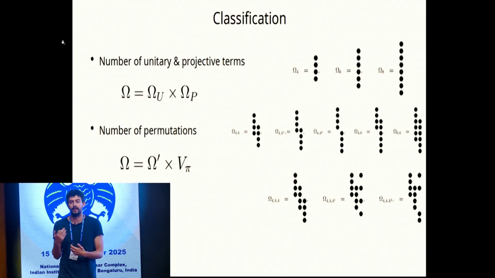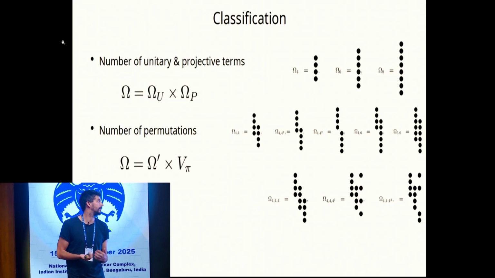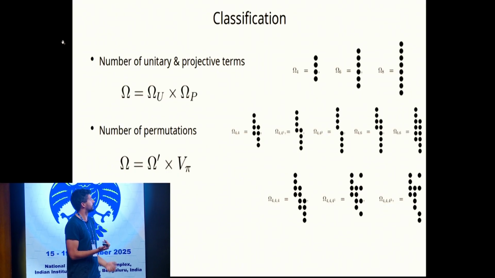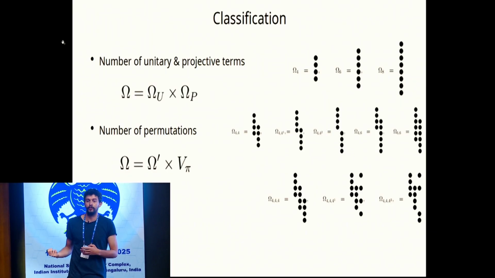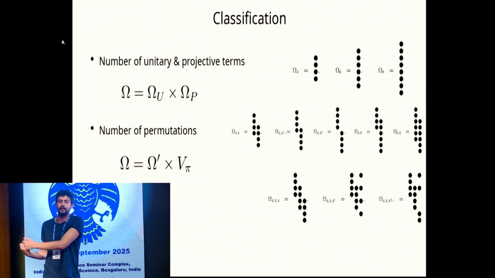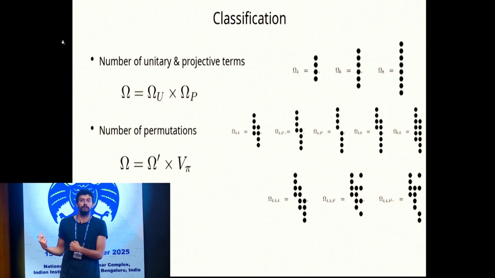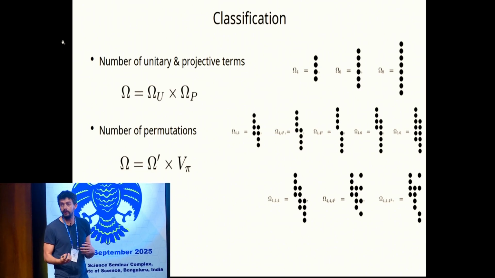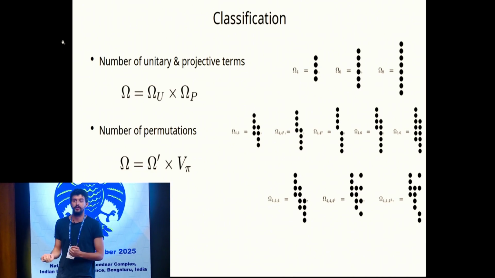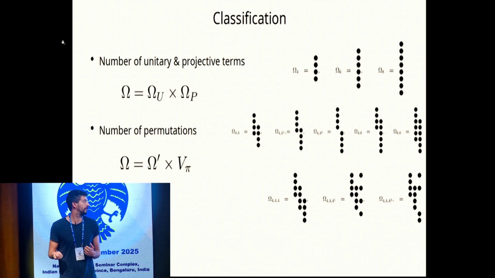So if you want to detect non-stabilizerness, you need the unitaries. But there's also a second property that we can look at, and that is if we have permutations. Permutations acting on tensor copy states just act trivially, so they don't change our measurement result, which means we can mod them out and only look at the ones which are not equivalent by permutations.